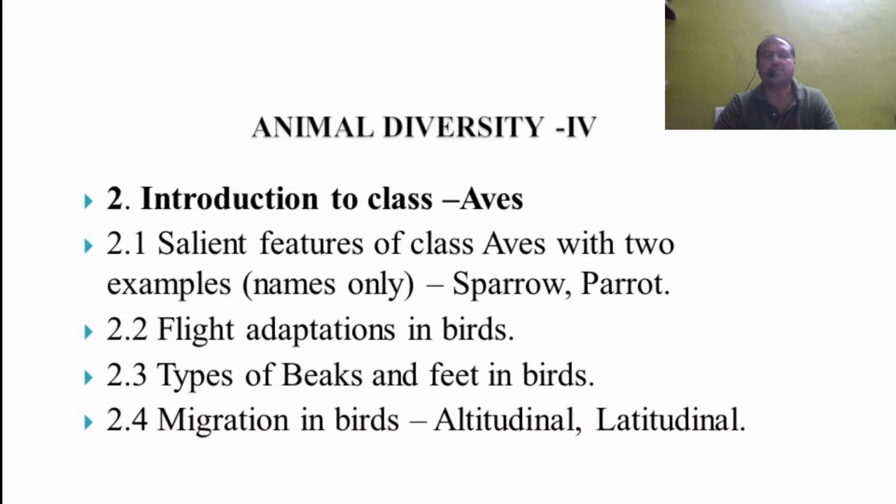Then in the second subunit we will see the flight adaptations in birds, then types of beaks and feet in birds. And the last unit from the class Aves is migration in birds, which includes altitudinal and latitudinal migration. So this is all about the class Aves.